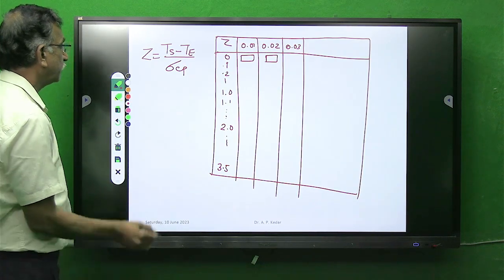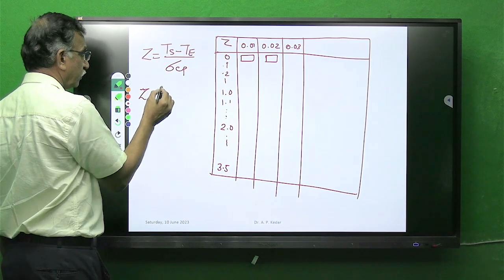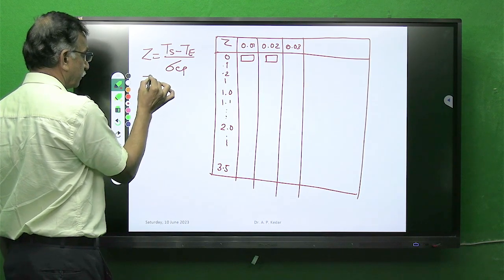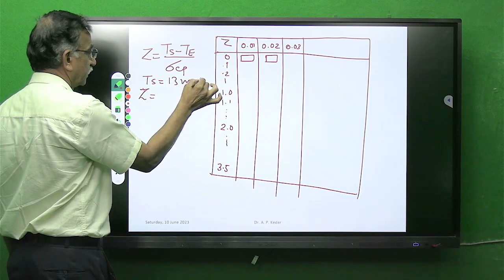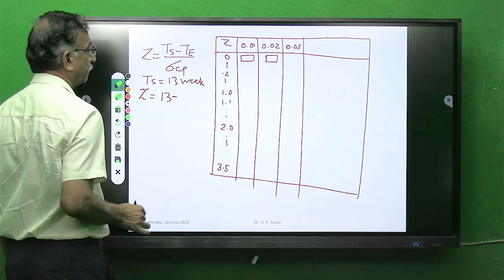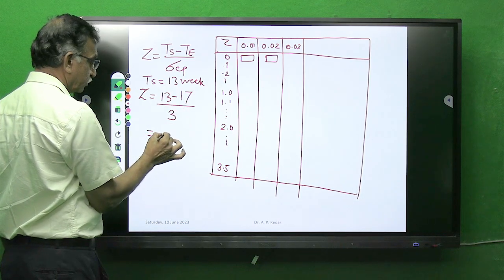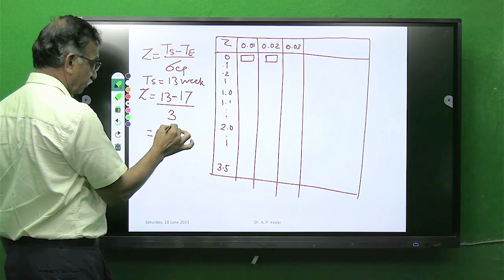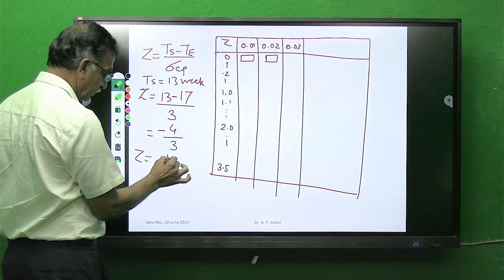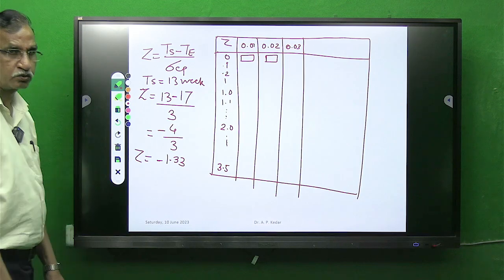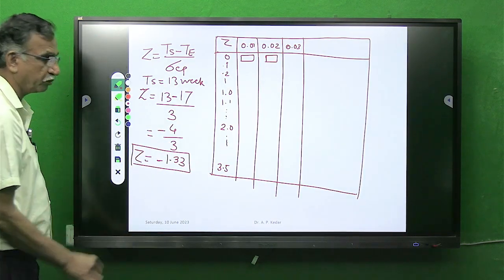In our case, we wish to calculate first Z. For Ts equal to 13 weeks, what we can write? 13 minus Te which is 17, upon sigma Cp which is 3, so we get minus 4 by 3. Z is equal to minus 1.33. So the first value which we get is Z equal to minus 1.33.